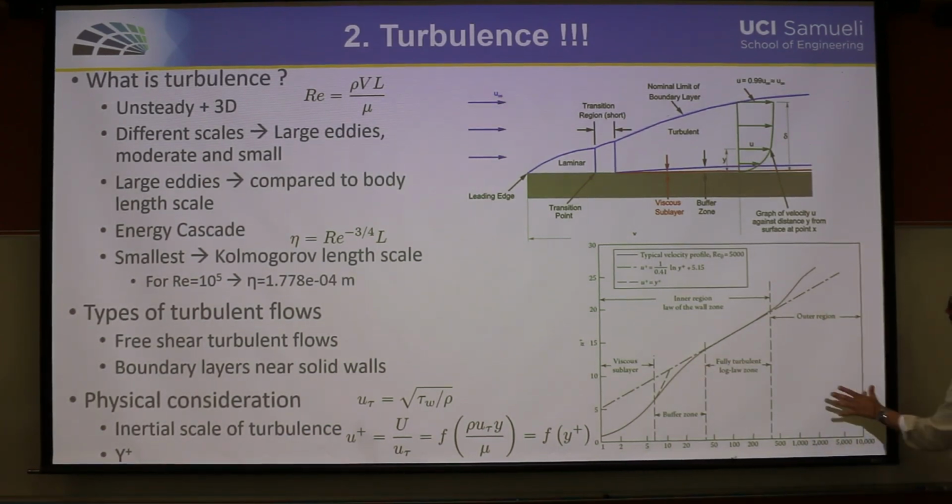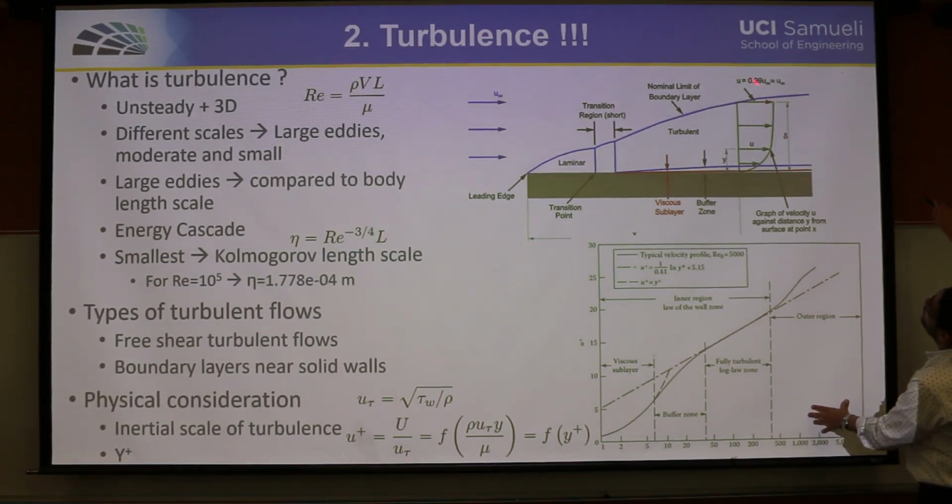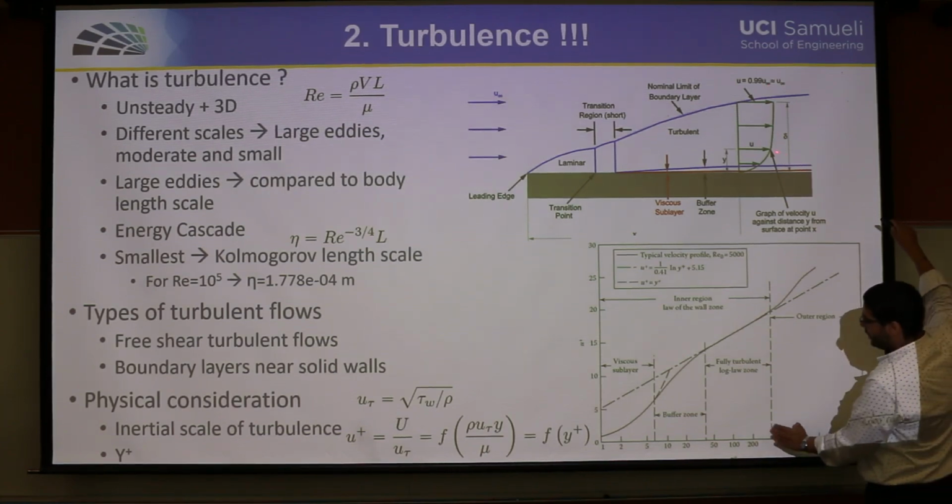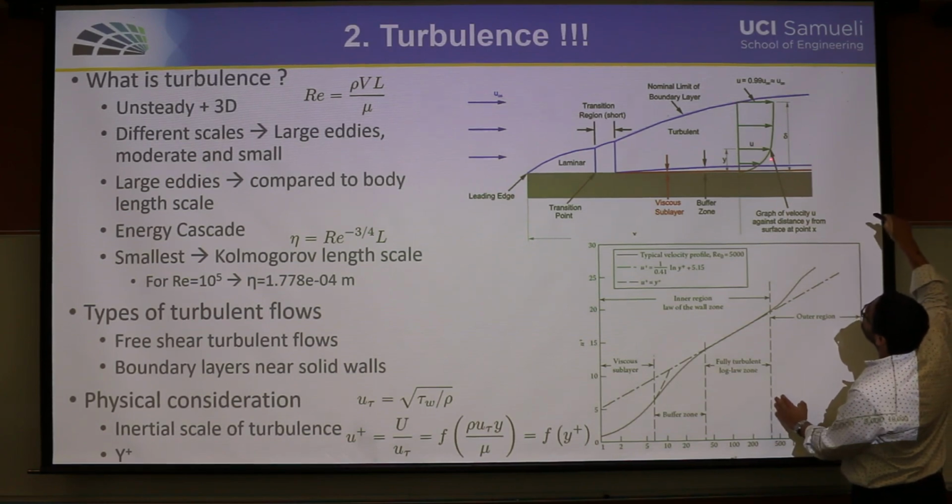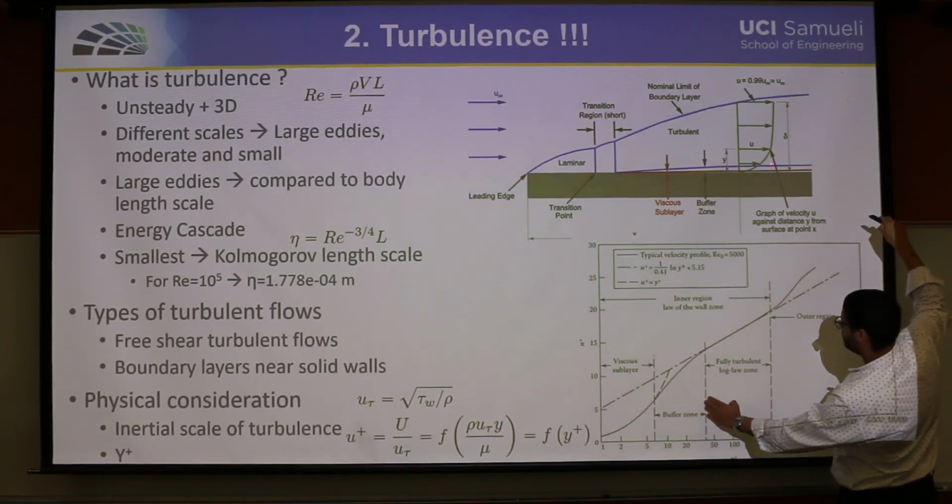What are these regions? The outer region, which is from that blue line up to that blue line. All of this region in your y is the outer region and the log region.